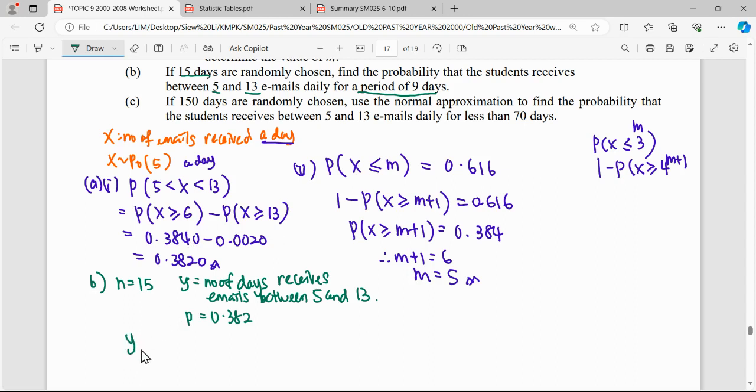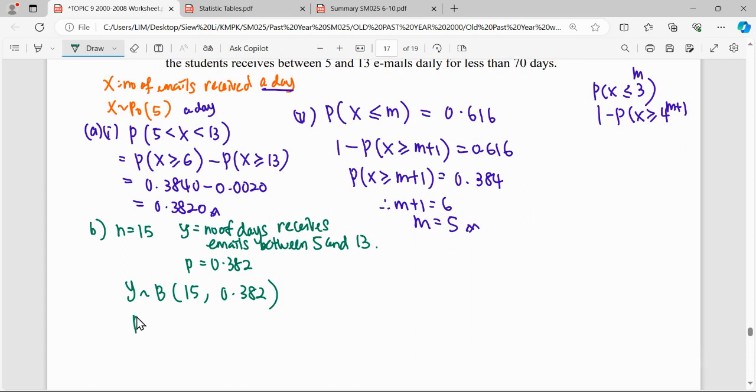So Y is distributed binomial with sample 15 days, and probability of receiving between 5 and 13 emails is P 0.382. So finding the probability for the period of 9 days, we find the probability number of days is equal to 9.